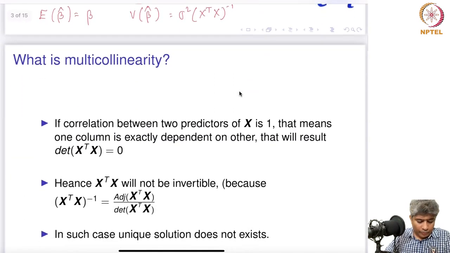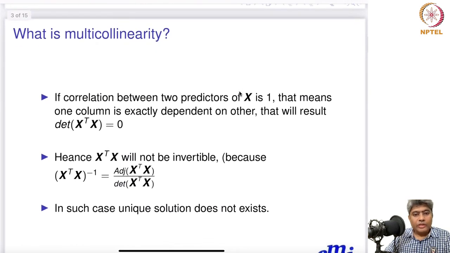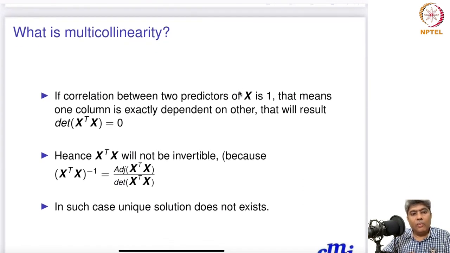Now, the first question we will ask ourselves is, what is multicollinearity? There are p many predictors, so X is typically X1 to Xp.